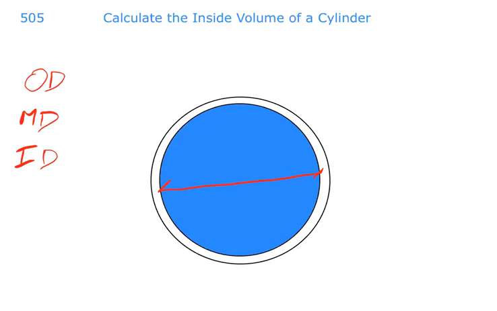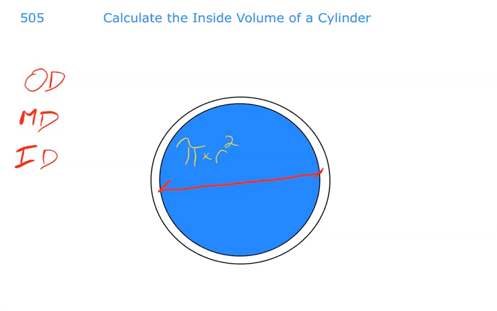The area of a circle was pi times radius squared. If this was a two-dimensional circle and not a cylinder, and there was no outside black line, just the inside blue, pi times r squared, right? So half of the inside diameter would be your r. So pi times that squared would give us the area.